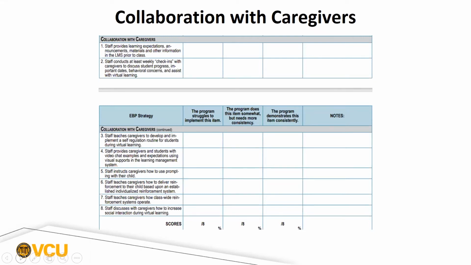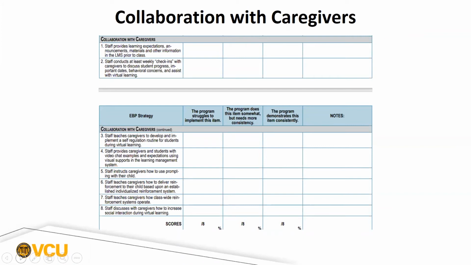Families and caregivers are now more than ever actively a part of their child's instruction and education, sometimes very directly providing instructional supports. So this is a huge piece to continuing, again, distance learning 2.0. How we continue to have effective instruction is that partnership and collaboration with caregivers and families.